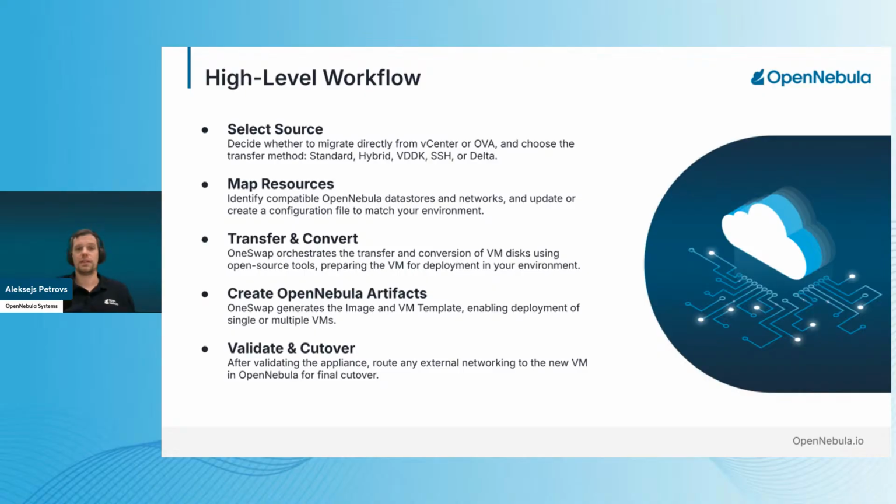And then you just validate that the virtual machine is running, that there are no errors at the operating system level. And once there are no errors and you are fully convinced, you can cut off the one on the VMware side and start running your workloads from OpenNebula. So that would be pretty much it, how, in very simple words, the workflow is.